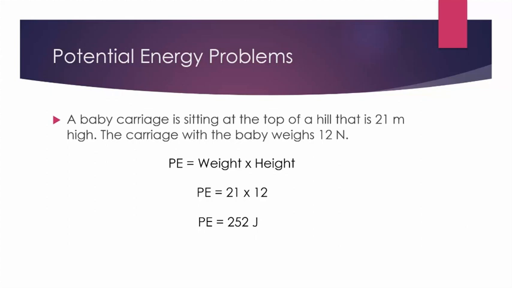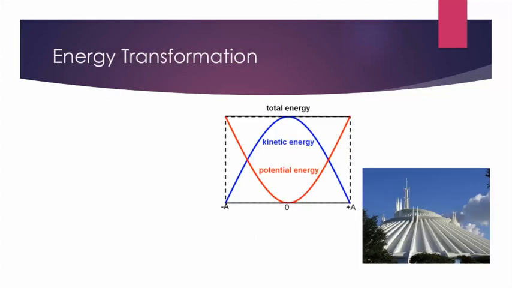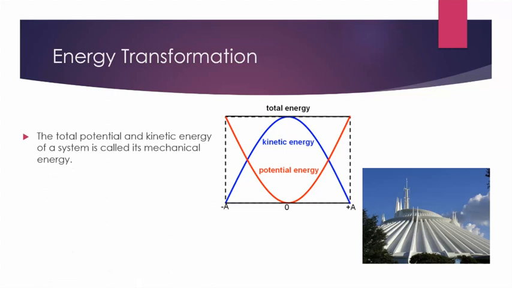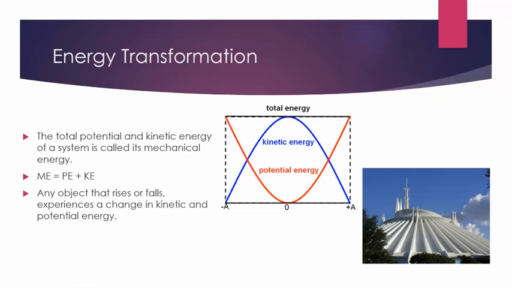Energy can be transformed. The total potential and kinetic energy of a system is called its mechanical energy. So your mechanical energy is equal to the sum of your potential and your kinetic energy. As an object rises or falls, it experiences a change in its kinetic and potential energy.